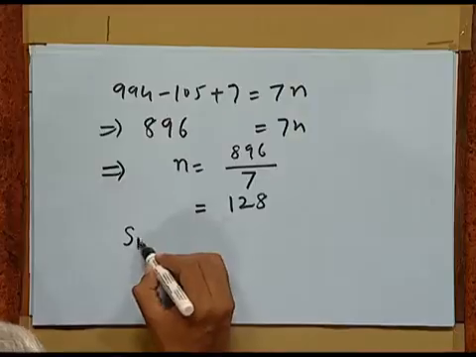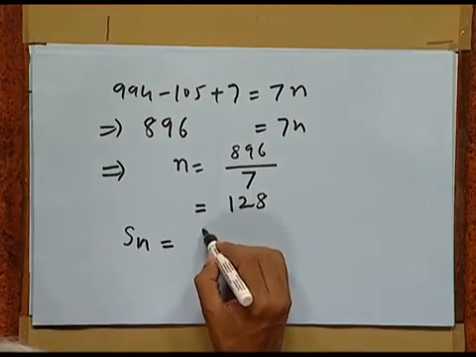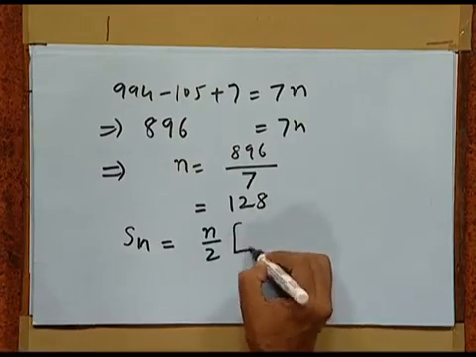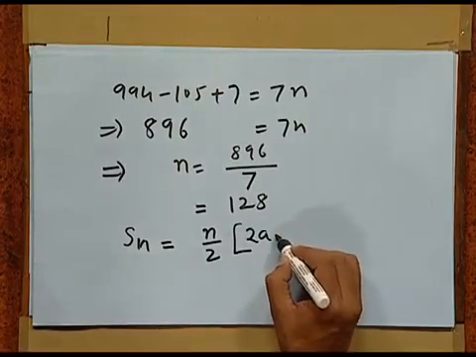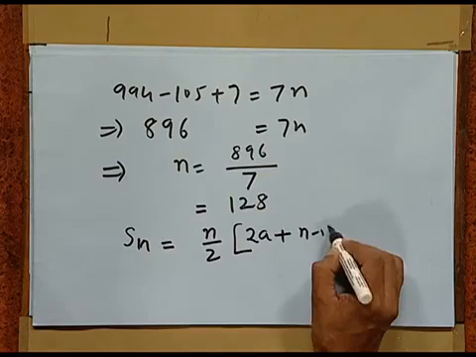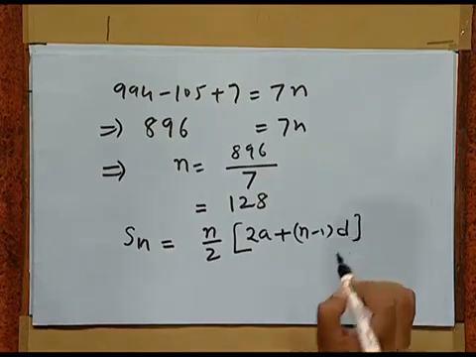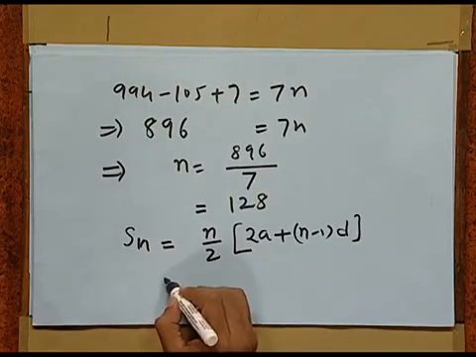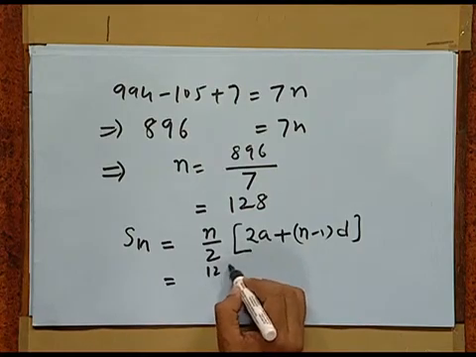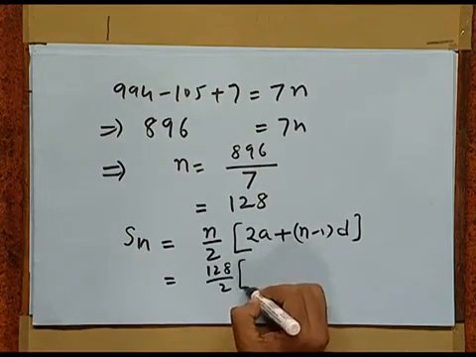Now we are required to find the sum of all these multiples. For this we write n by 2 times 2a plus n minus 1 d, that equals 128 by 2.